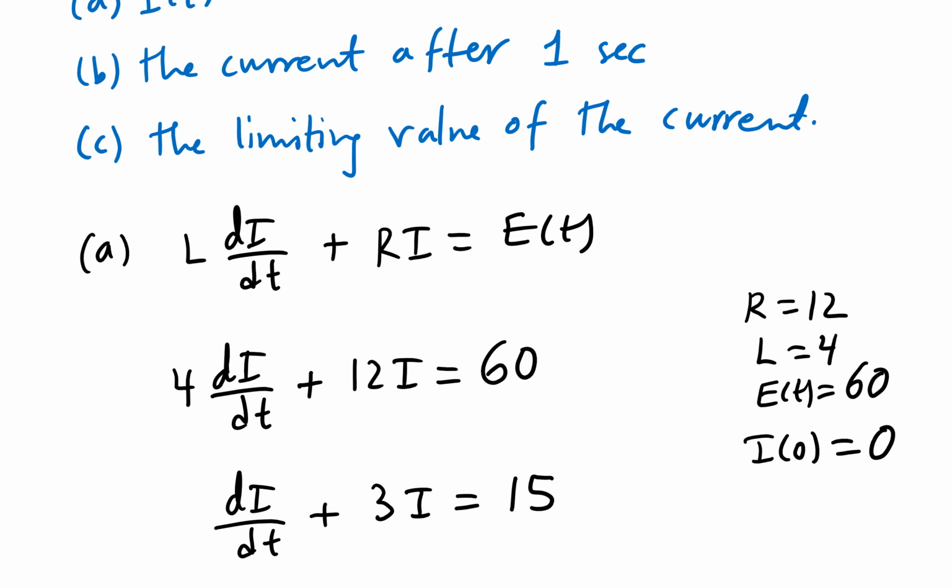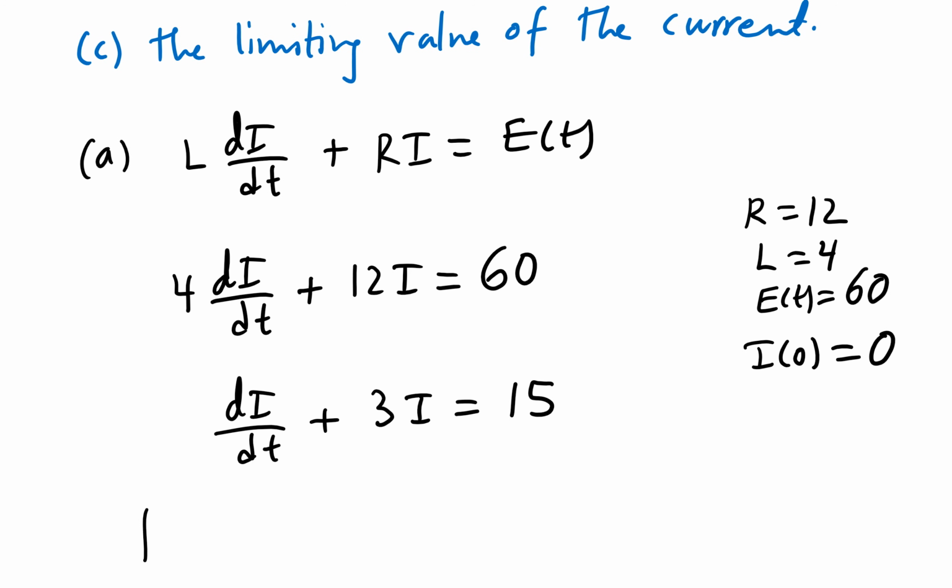Now it looks like the first order linear differential equation that we started the lesson today with, y prime plus p of x y equals q of x. So from here we can say p of t is 3 and q of t is 15.